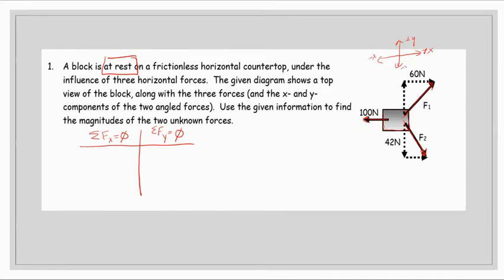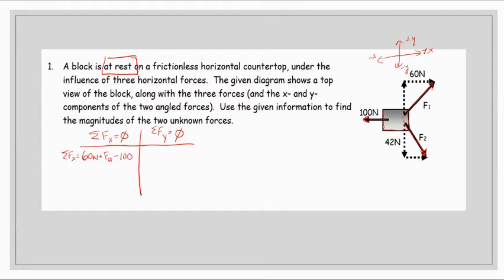positive Y, negative Y. So when we're looking at our sum of forces in our X, it is going to be equal to 60 newtons, because we are given that, plus force 2 in the X direction, minus 100.